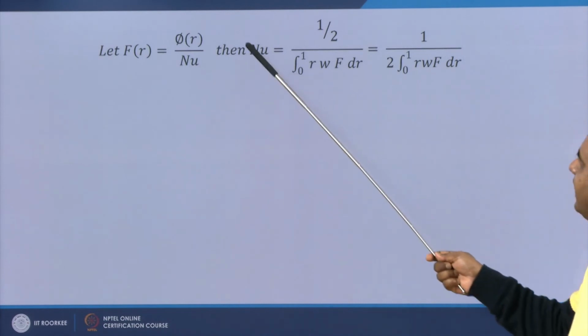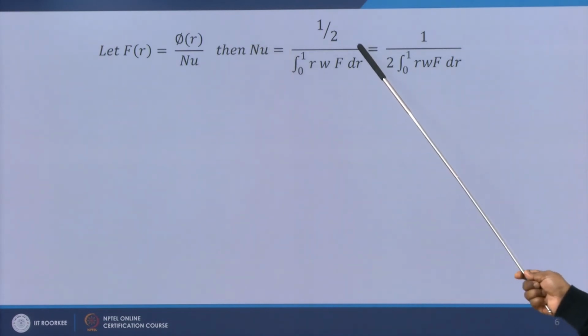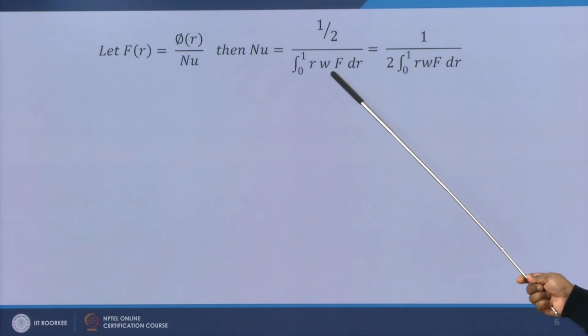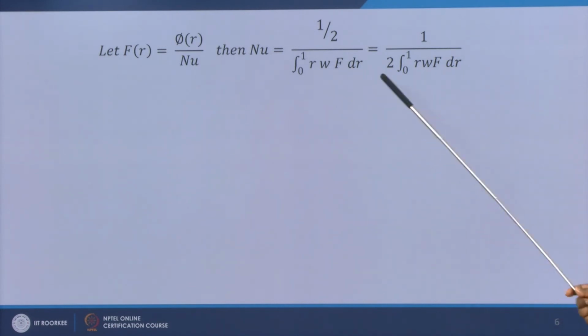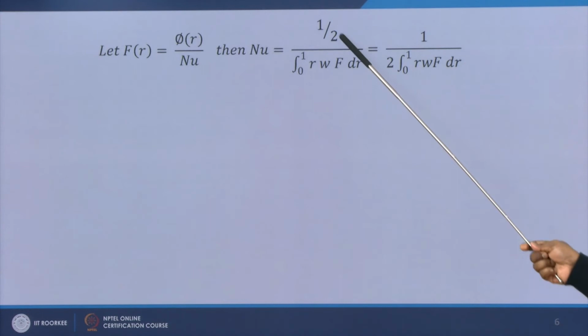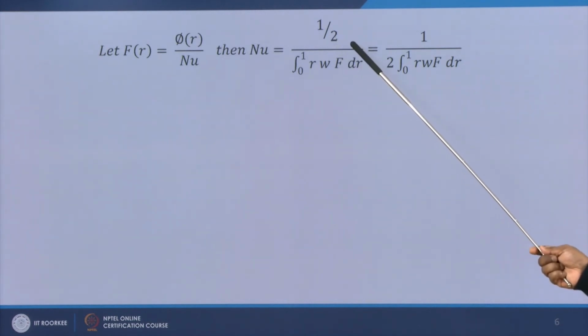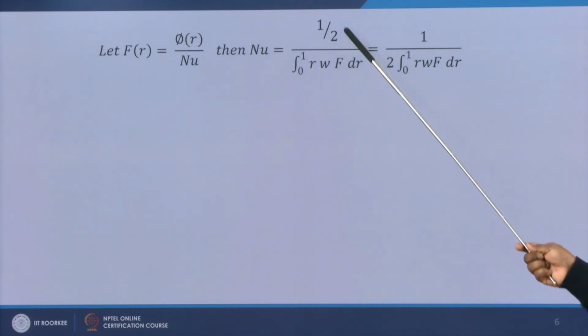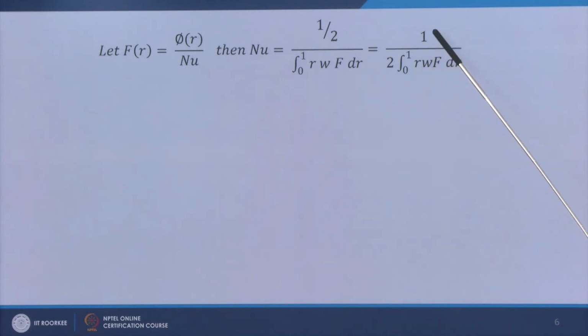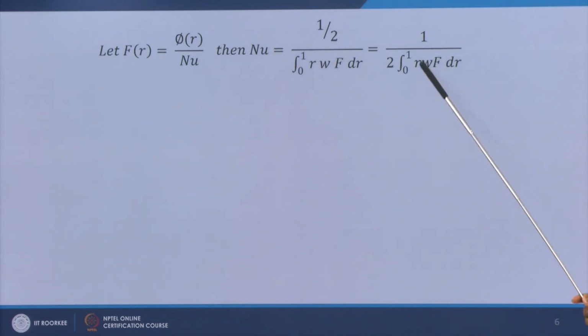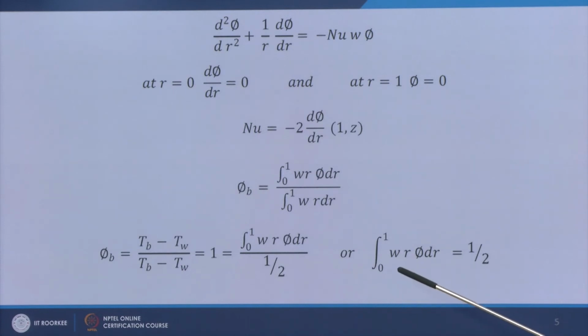From there we can write Nusselt number is equal to half divided by integral 0 to 1 r w f dr. With a little bit of multiplication by 2 in the denominator and numerator, we get Nusselt number equals 1 by 2 into integral 0 to 1 r w f dr. Now, this r into w into f integrated from 0 to 1, we have already written over here.